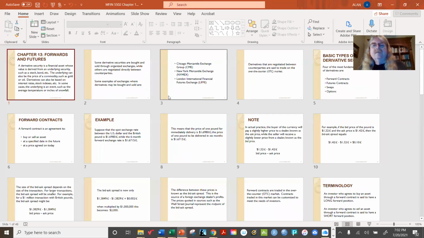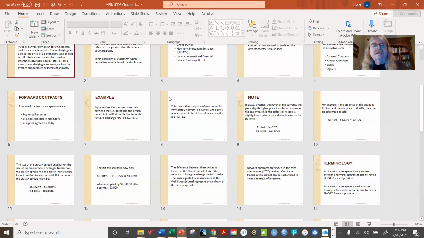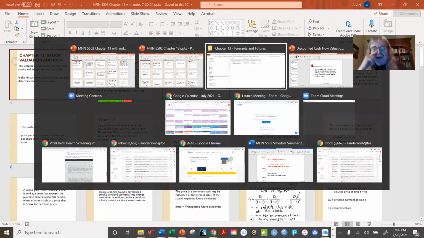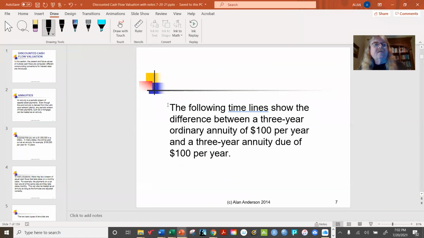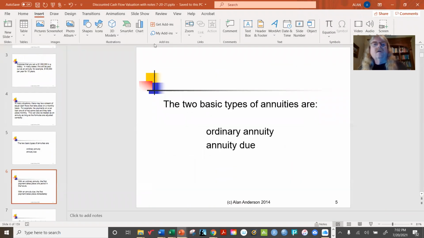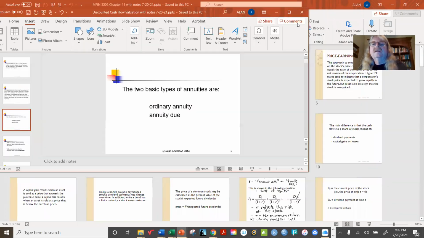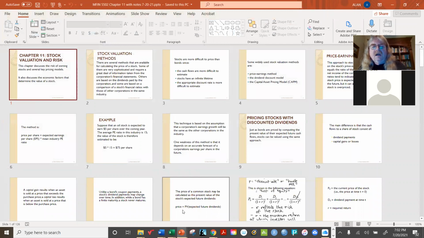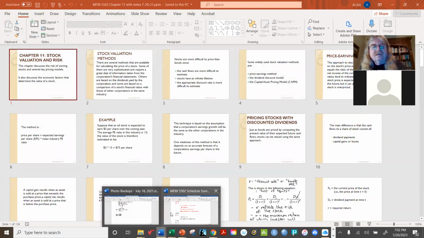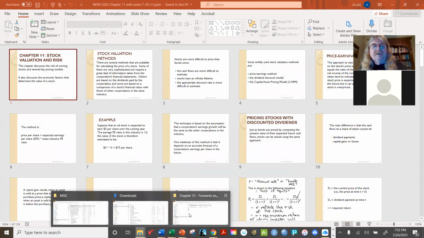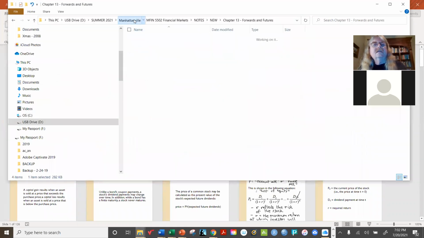Okay, now one thing I need to note here is that I was kind of surprised when I was looking at the syllabus and my calendar, because I don't think this has ever happened before. Let me see if I have to save this. All right, so if you look at our syllabus, let me quickly go find it.